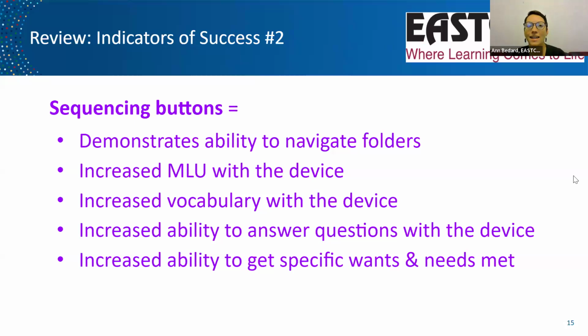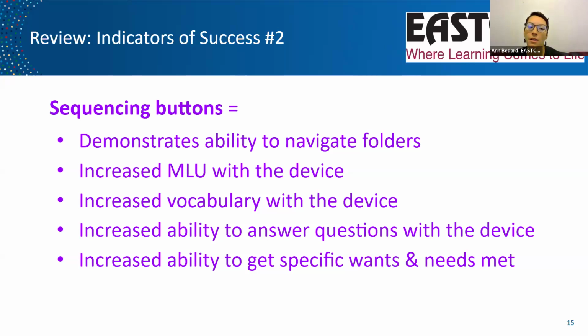Okay, I want to point out a second indicator of success, which is sequencing buttons. That could be like how the eat button leads you to the foods, or how the pizza with leads you to the toppings, but that still counts as sequencing buttons because it's like opening a folder. So it demonstrates their ability to navigate folders, which again, this is like insurance, check that off the box. It allows him to increase his MLU because he's sequencing words to make sentences. It allows him to increase his vocabulary because category folders have so much vocabulary inside of them once you're able to open those folders.